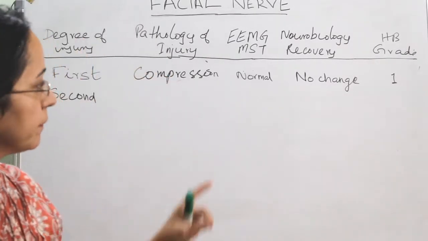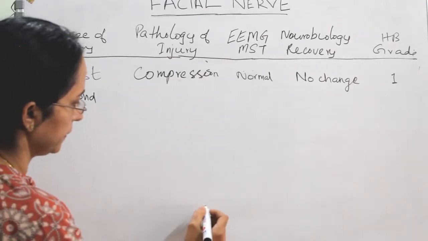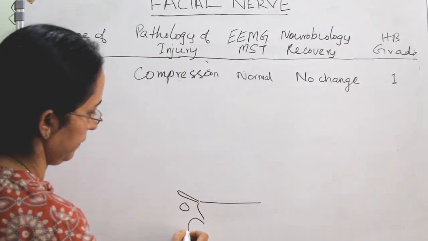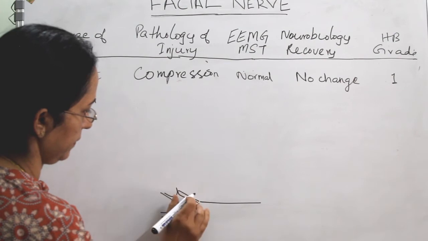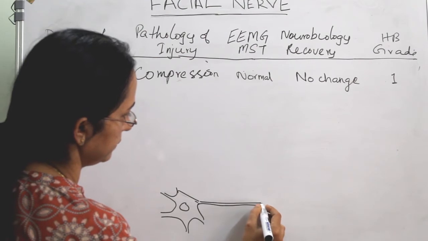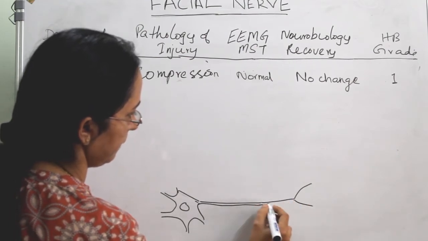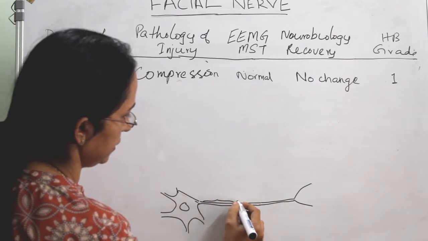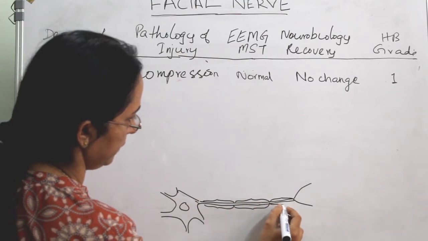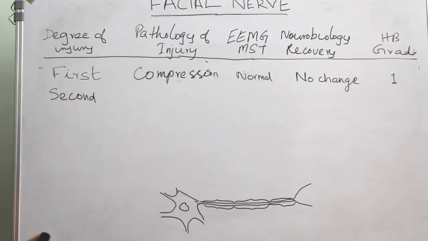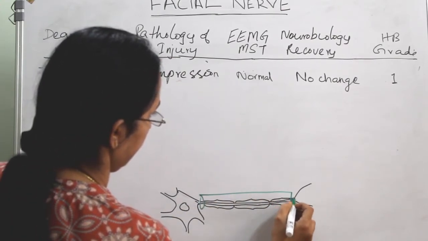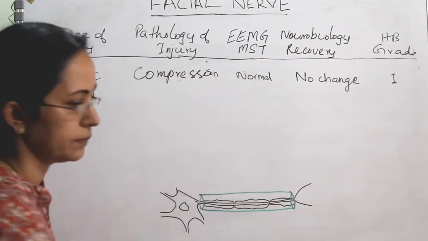What happens there? There is compression. This is your axon. There is a myelin sheath, surrounded by the endoneurium.